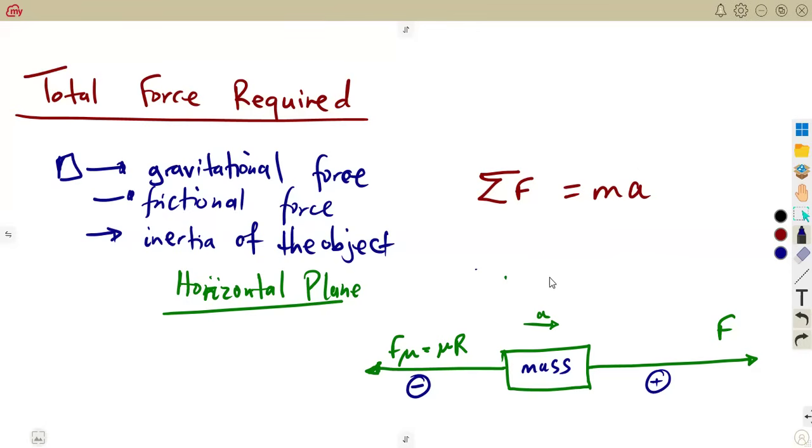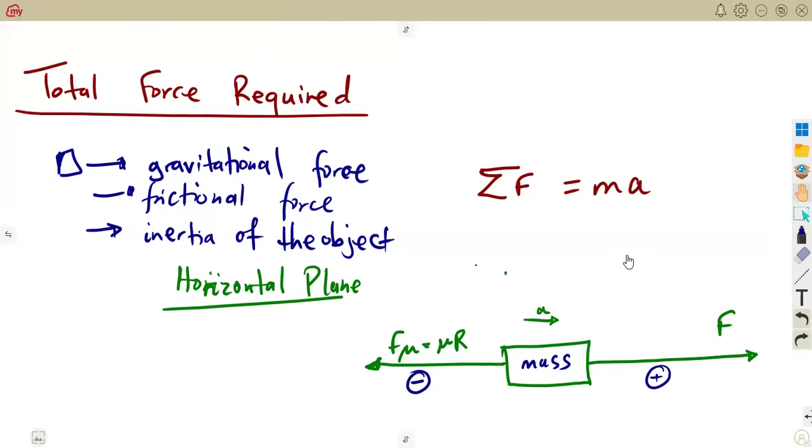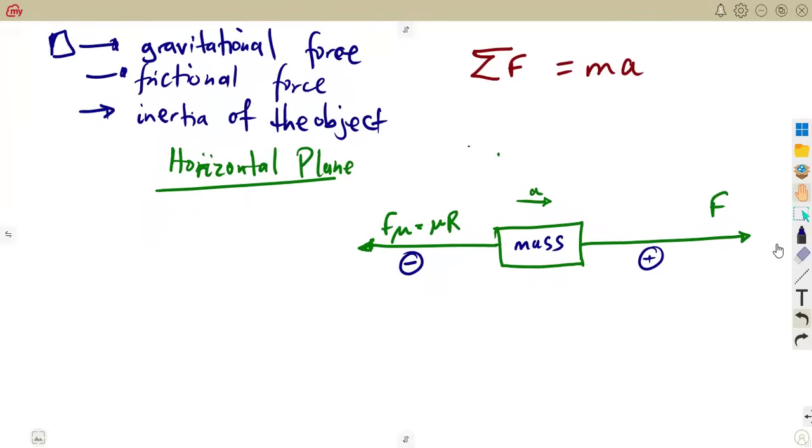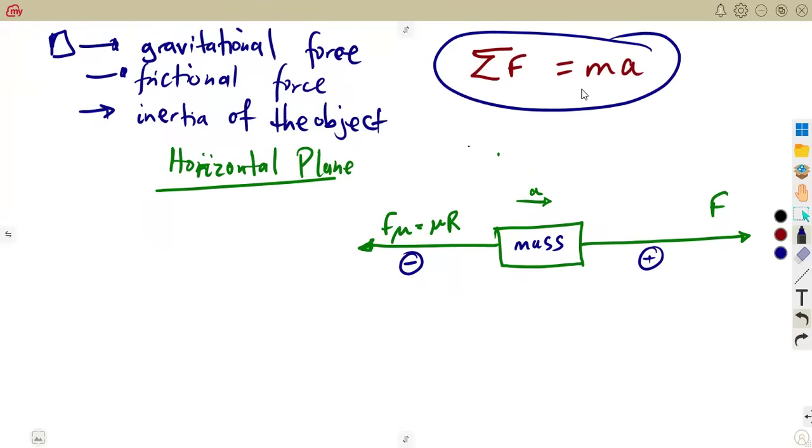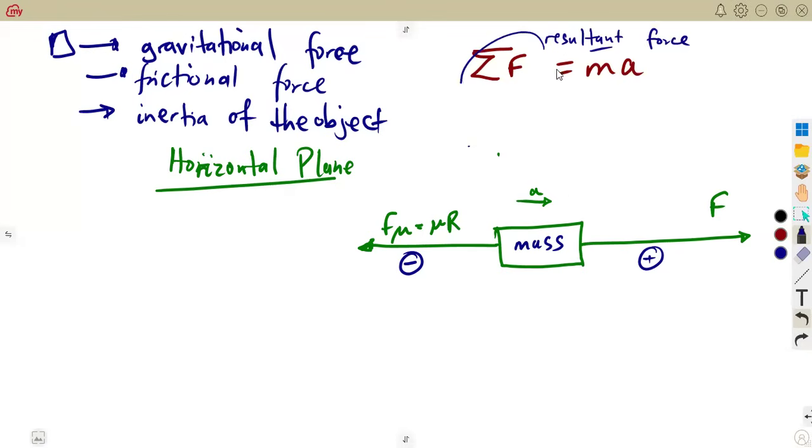So the resultant force is the sum of the forces. Whenever you're talking of the resultant force, it is the sum of the forces. Using this condition, guys, our sum of forces is going to be what?